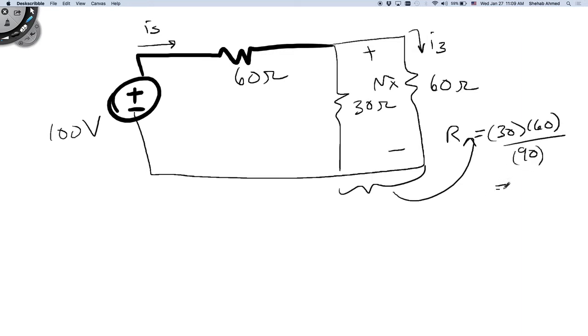What is that? 18 divided by 9, right? 180 divided by 90 is like the same as 18 divided by 9, right?